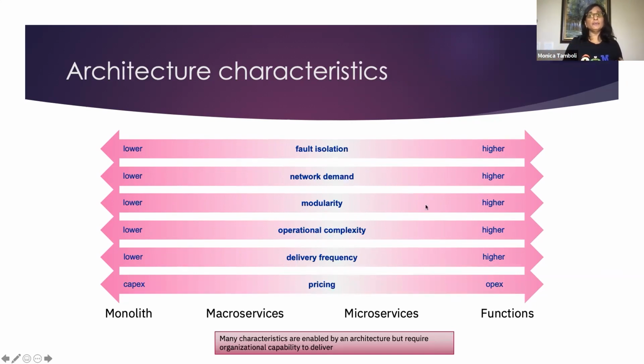Again, if you don't want too much network demand, then going with the monolith would be helpful. And the last one here is on pricing. With monoliths, it could be more capital upfront, then there could be more operation cost when you are moving to microservices and functions in cloud.